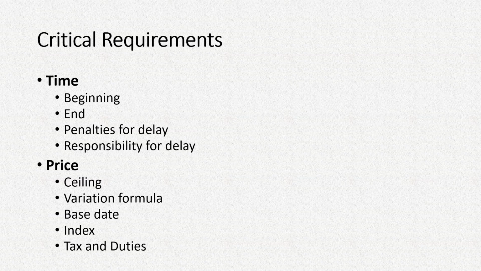Then price. In case of price, the ceiling or the upper limit of pricing is to be mentioned, because in very large projects, by the time you finish the project, the price of various items or various materials may increase, maybe because of just general increase in price for external reasons, or because of general inflation and so on.